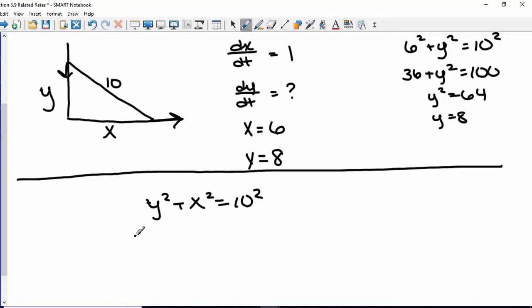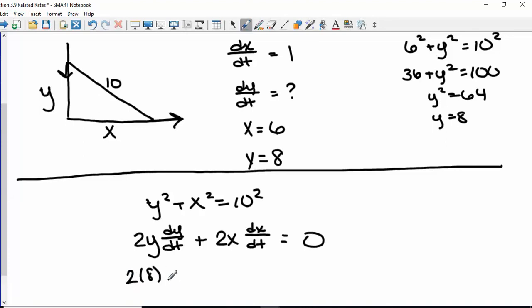So derivative of y squared would be 2y dy dt. Derivative of x squared is, okay, 10 squared is 100. What's the derivative of that? 0. So then we plug in. Y is 8. Dy dt we do not know. X is 6 and dx dt is 1.